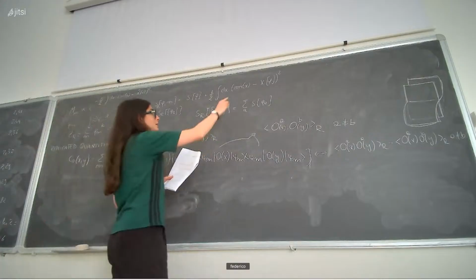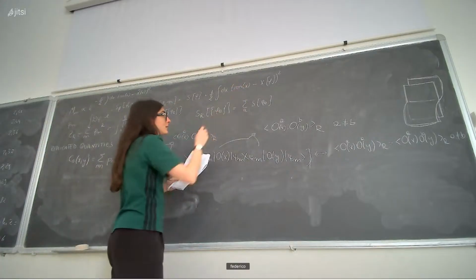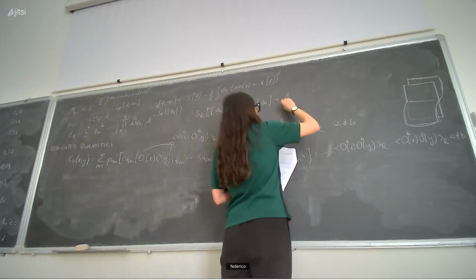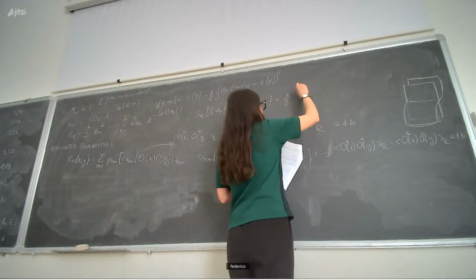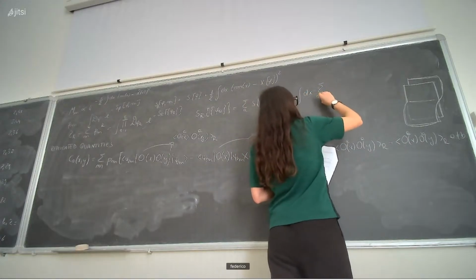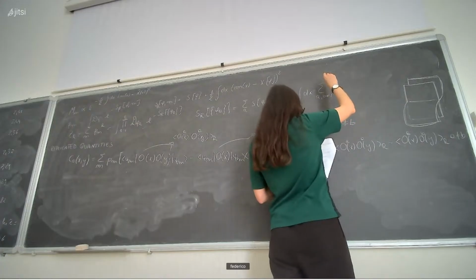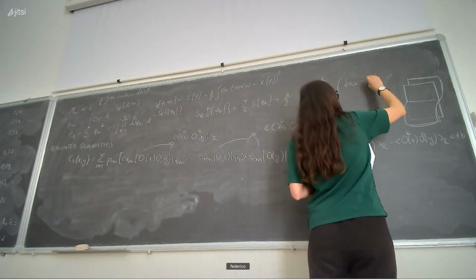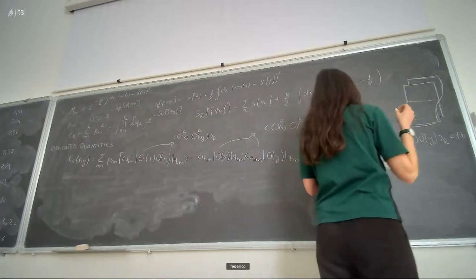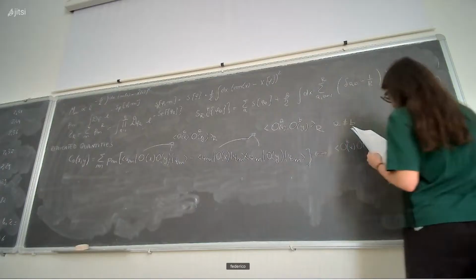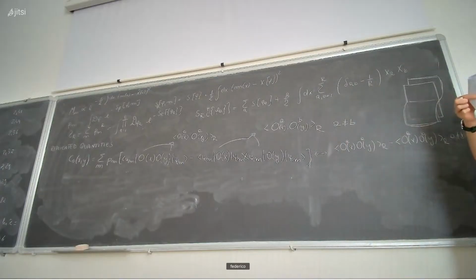And then if we perform the functional integral over the measurement outcome, we get e to the 2 integral dx, sum over A and B from 1 to R of delta A B minus 1 over R, x A x B. And then you always take the limit R to 1 at the end.